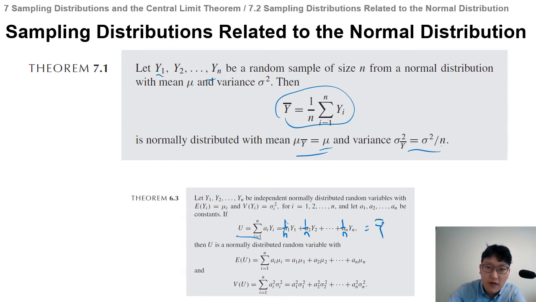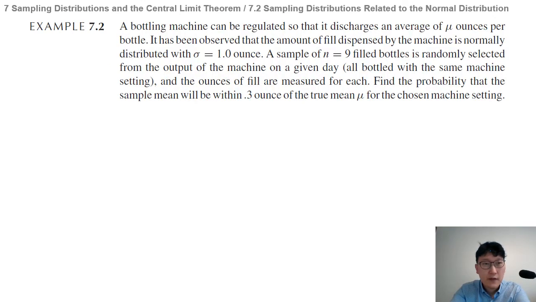So the expected value of U, if all a_i's are 1 over n and mu1 to mu n are all mu, is mu, and the variance is sigma square over n. You can directly apply theorem 6.3 to solve this theorem.